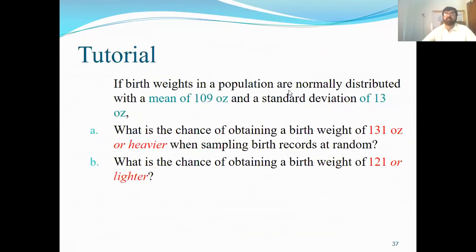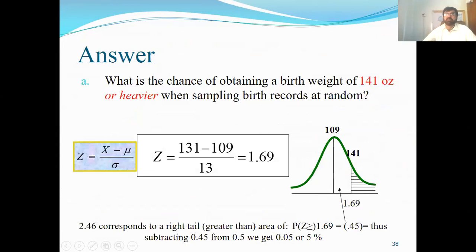If birth weight in a population is normally distributed with a mean of 109 ounces and a standard deviation of 13 ounces, what is the chance of obtaining a birth weight of 141 ounces or heavier when sampling birth records at random? What is the chance of obtaining a birth weight of 121 or lighter? Lighter means below and heavier means above. Now let's do it for a baby of 141 or heavier.